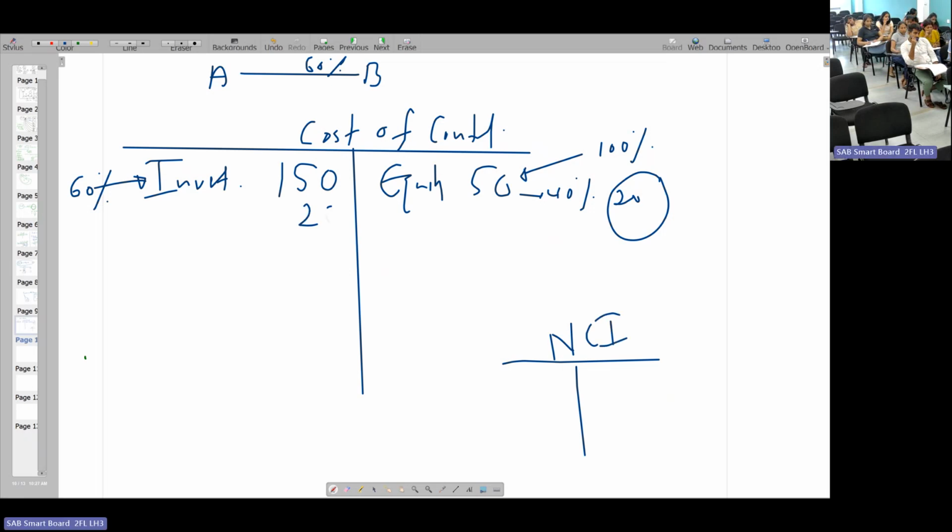Cost of control credit 20. NCI credit 20. Right? NCI should appear in the consolidated statement of financial position as a part of equity.